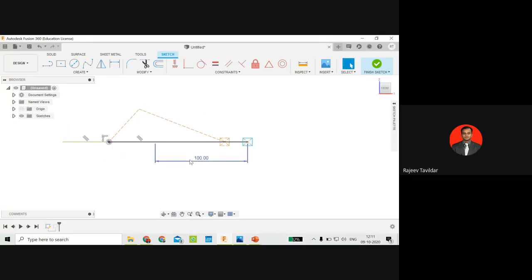Okay, I'll delete all the dimensions. And from this end of the crank, I'm going to draw the connecting rod, which was 100 mm. So that is green in color. Our slider will come exactly at this position. I hope you are visualizing this.